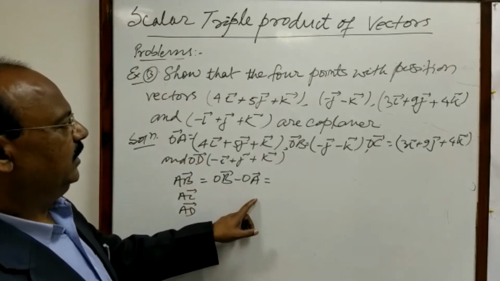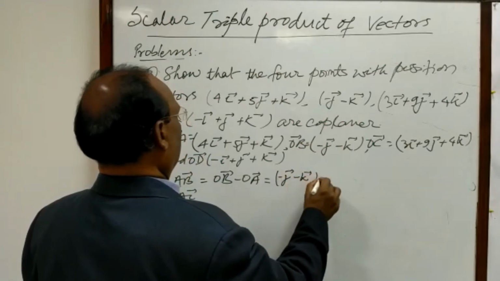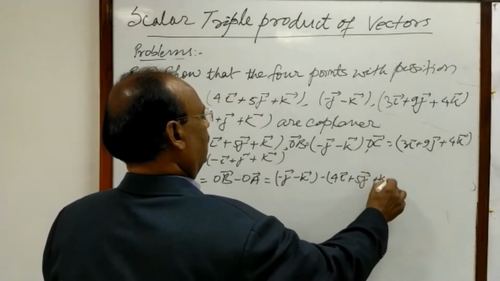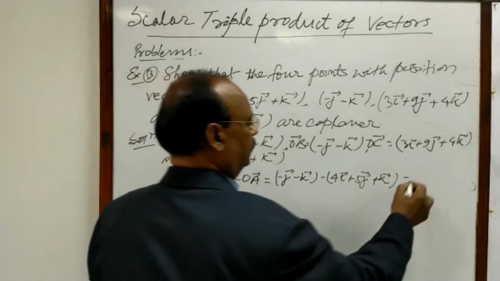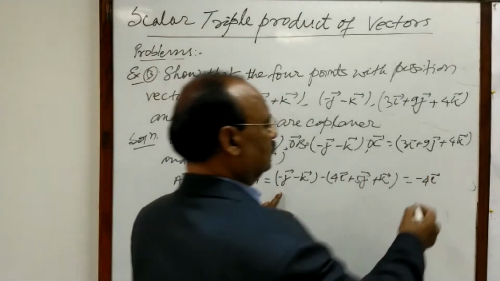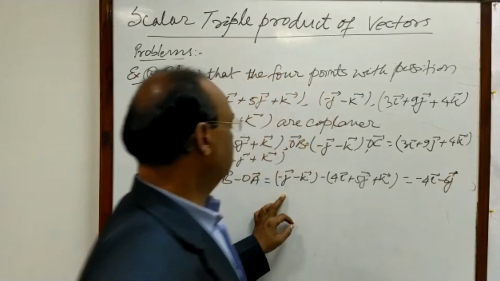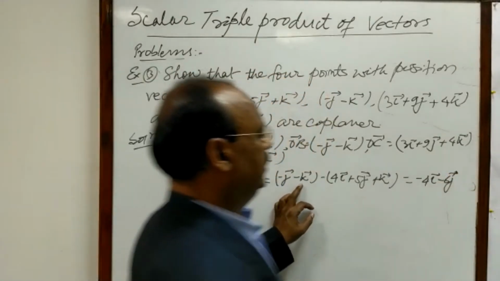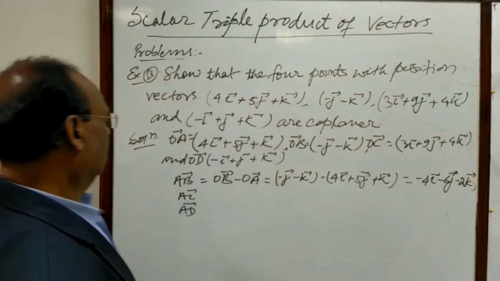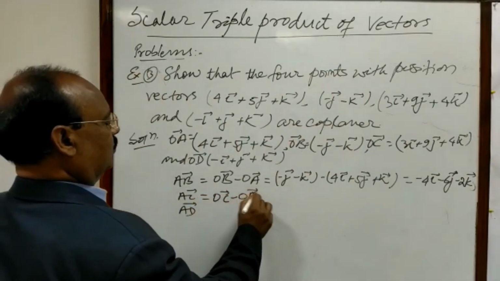So OB minus OA, this will be minus j minus k minus (4i plus 5j plus k), and this is equal to minus 4i minus 6j and minus 2k. Similarly, AC will be OC minus OA.